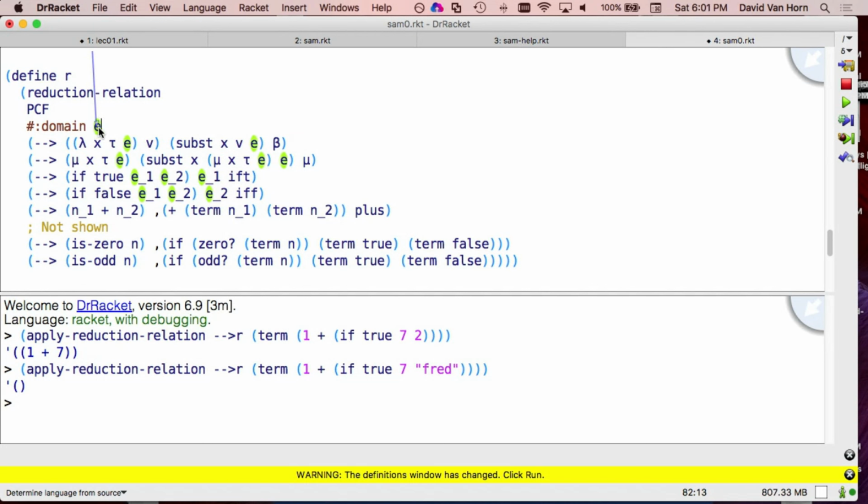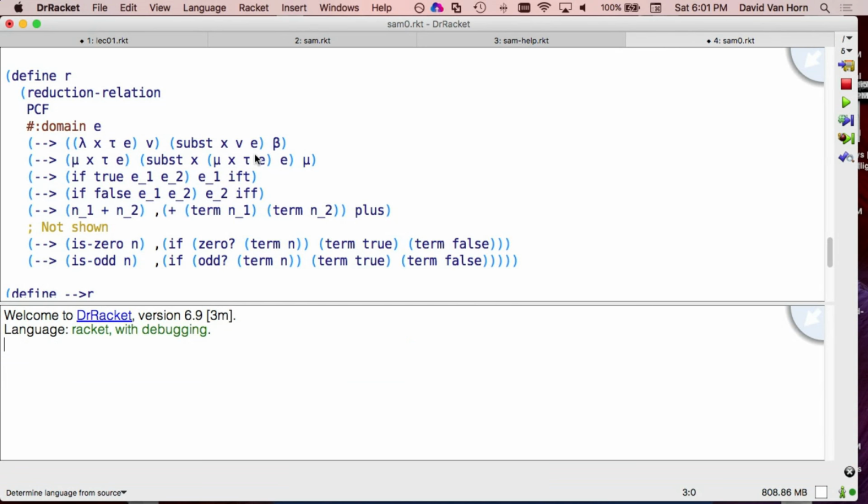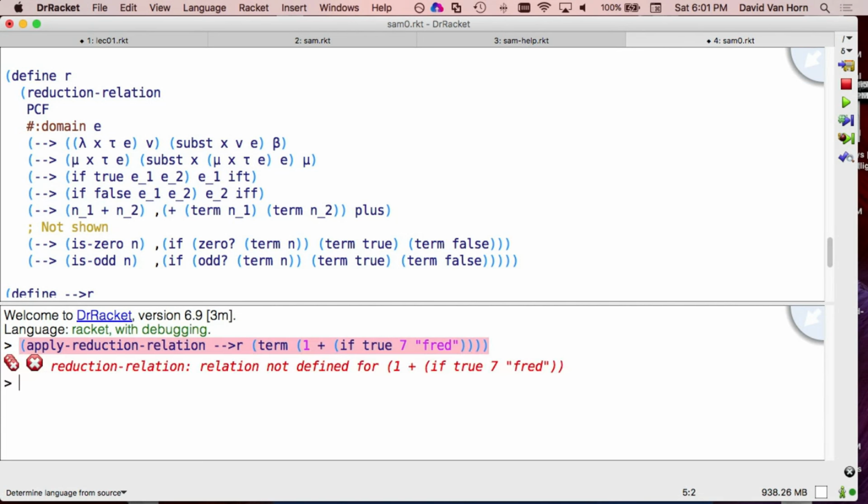The domain that I write down here is, again, just a pattern. I could write down anything, but what I want to say here is it's defined on any expression, so the right pattern to write is E. And now I will get an error.